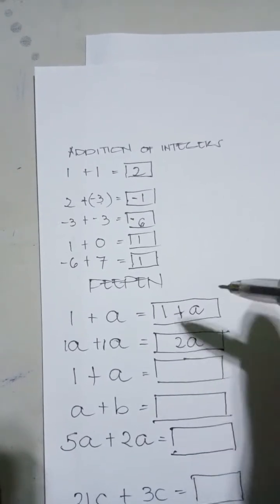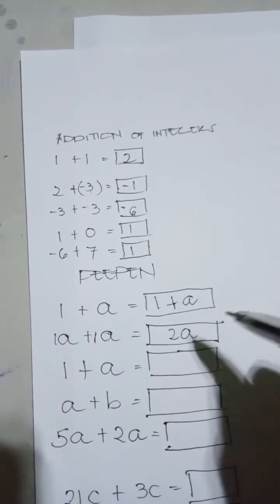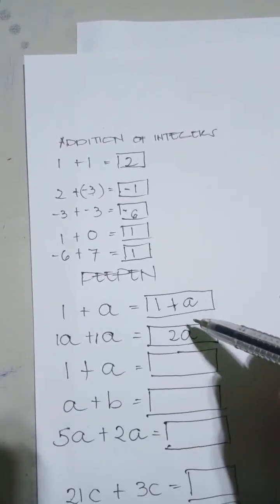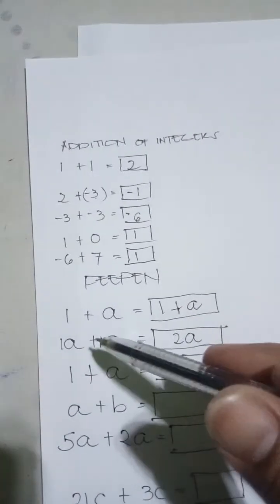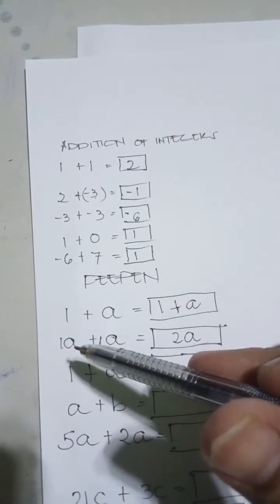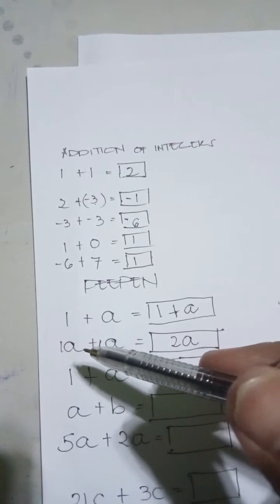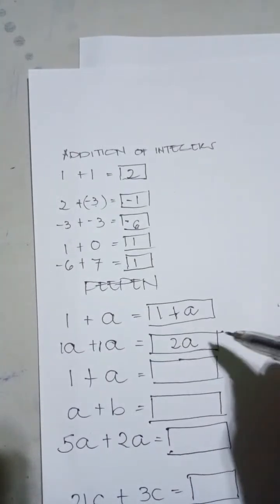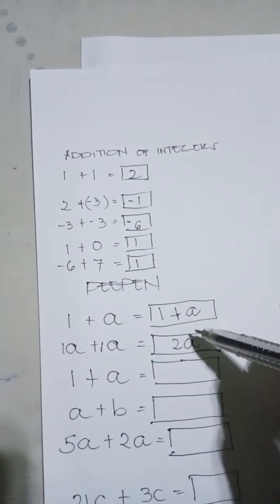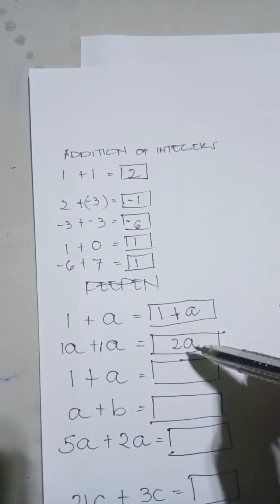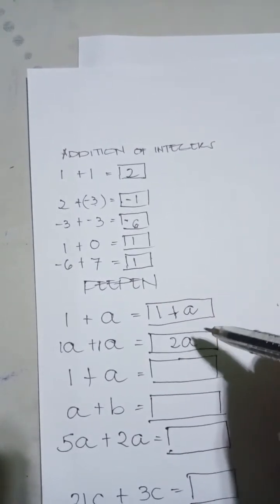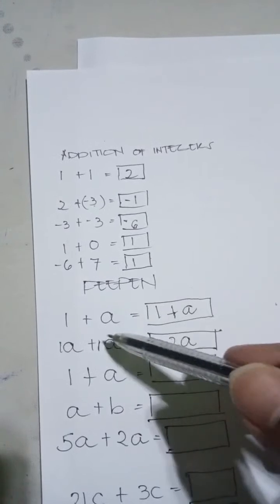Sir Lester, can we write 2 here because we noticed that the variable is seen twice? No, you cannot do that. You cannot write the power of 2 above that a because you are not multiplying.